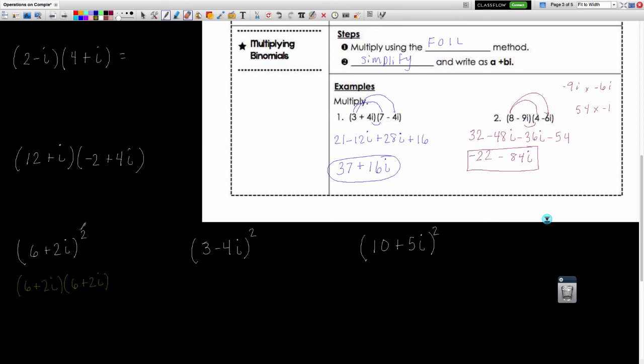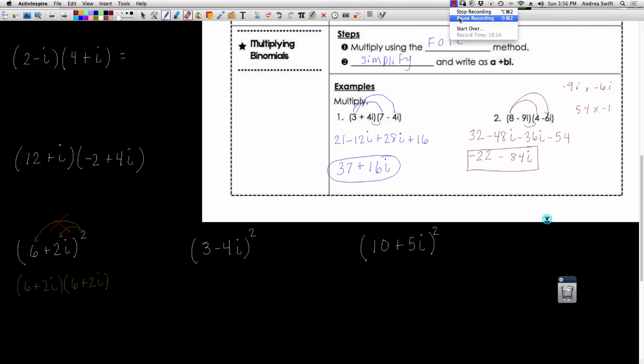You cannot distribute exponents over addition and subtraction, so don't do it that way. All right, so go ahead and pause it and work on these next couple problems, and then I'll come back with answers.